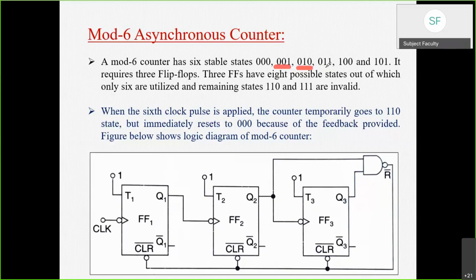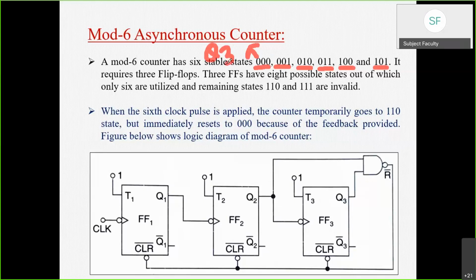Now if you observe all these states, starting from 0, 0, 1, out of these 3 bits, the MSB is Q3. Remember that.